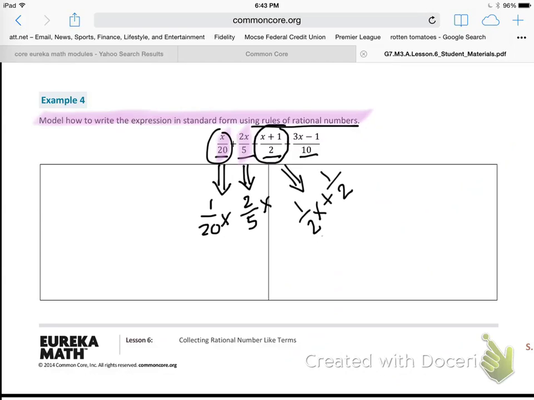Because you take these two separate parts of the numerator and they become two separate terms here, okay? You use this one denominator to apply to both of those numerators, okay?